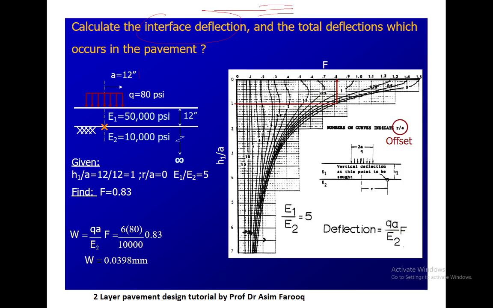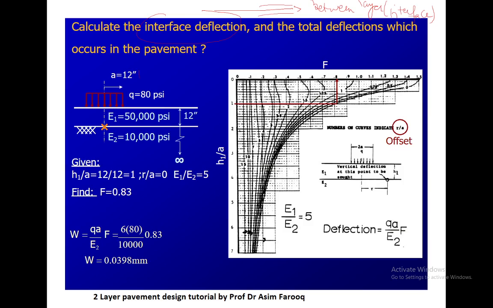Similarly, the loading is also given. We have the Young modulus of both layers, and we have the thickness as well. This is another graph through which we determine the vertical deflection at any point we want. We have three basic parameters.